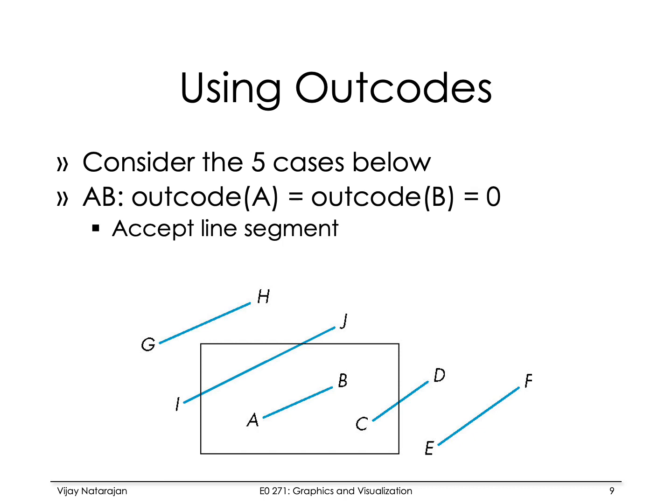The first case is AB, where both endpoints lie inside the clipping window. In this case, your outcodes are both 0, and you can find this with a simple OR operation, and you accept the line segment.